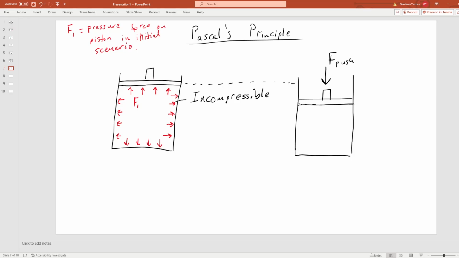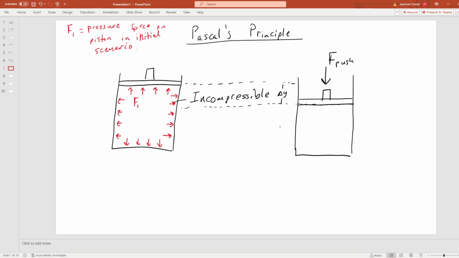Okay. And if I take my piston and I push it down some distance delta y or h, whatever you would like to call it, I have changed the volume with which the fluid can exist, right?